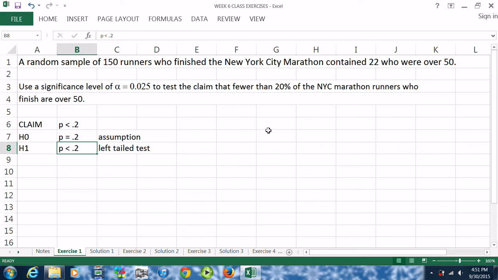Now, what's going to determine a small probability? Remember, I said we have the normal curve. If you're around the 0.2, those are likely values. If you're really far away or really to the left in the unlikely region, then that would support a less than 0.2 assertion.